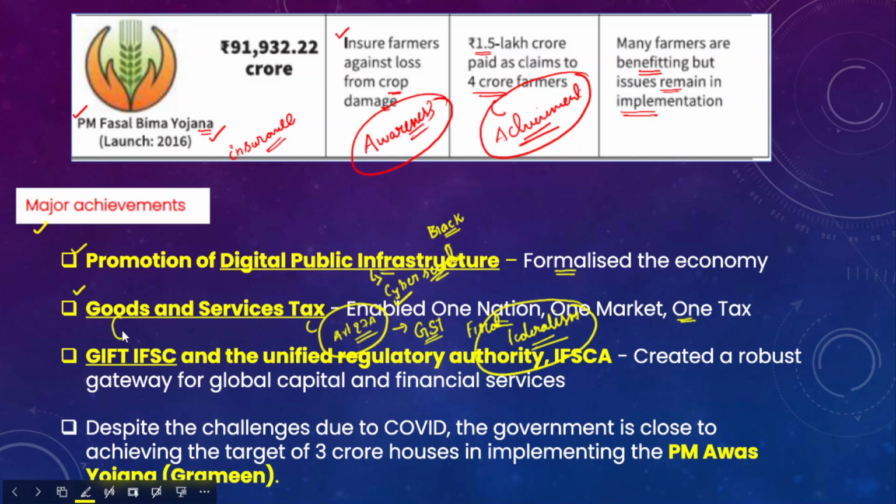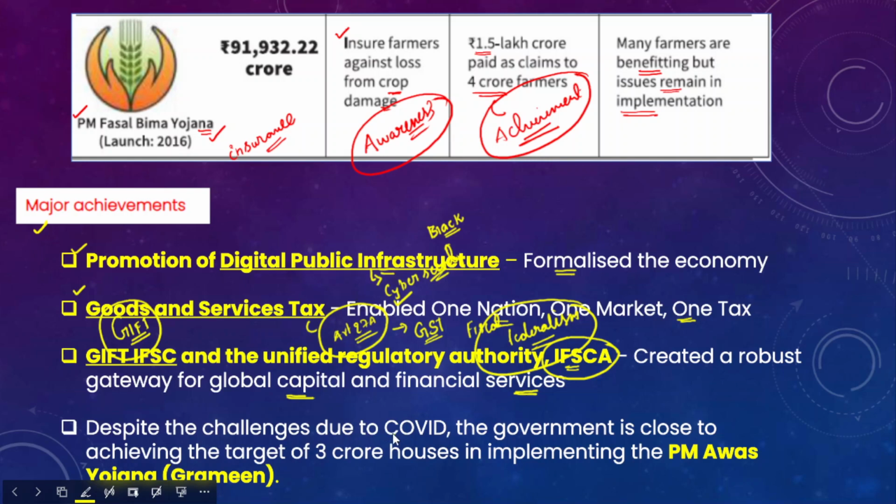So after that, we need to talk about the GIFT City that was in Dholera, Gujarat. So this is a unified regulatory authority, and it is considered as a robust gateway for global capital and other important financial services.